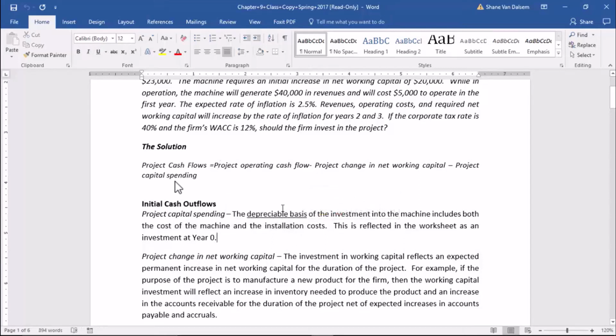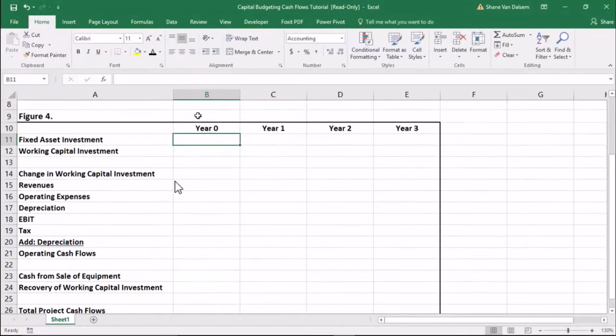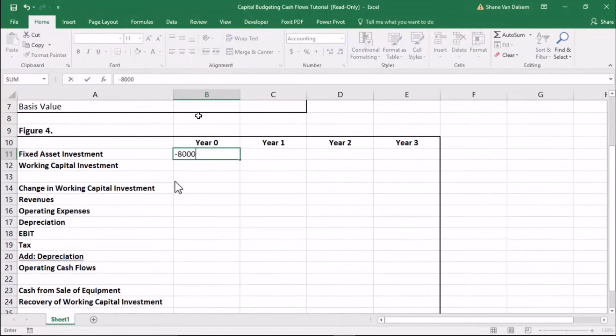So you get to depreciate not only the machine itself, but any kind of installation costs and transportation costs that come with putting that machine in place. And so this is reflected in the worksheet as an investment at year 0. So I'm going to go over here to the spreadsheet, and at time 0, or year 0, I'm going to put in negative $80,000.